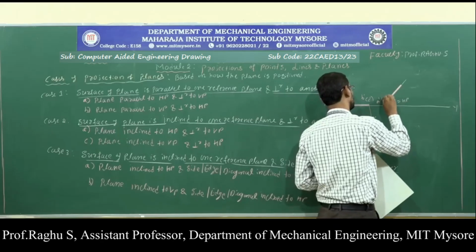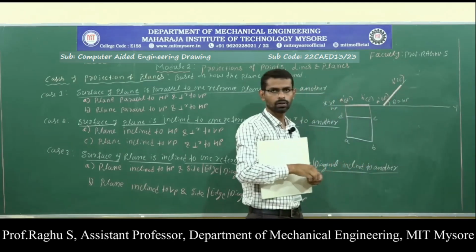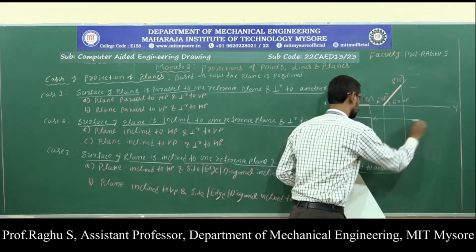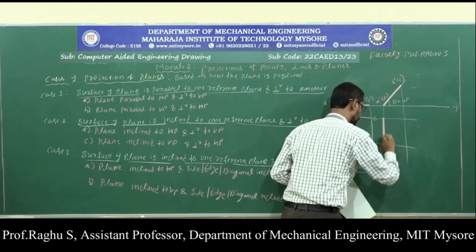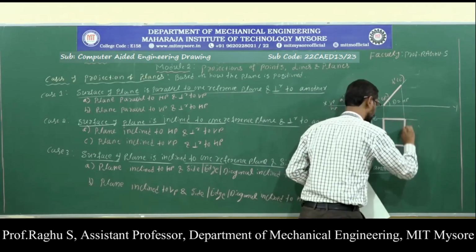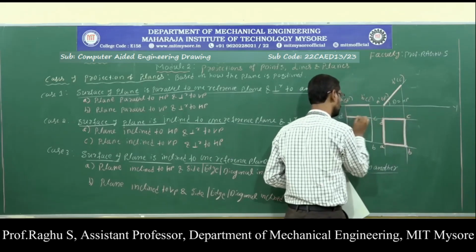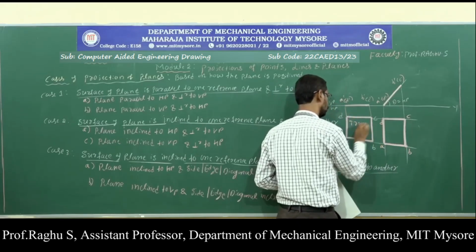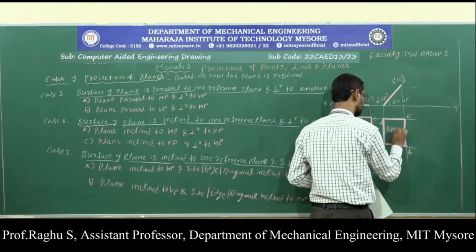This is A dash and D dash, and this is B dash and C dash. Now draw projection lines. This is the apparent shape. This is A, B, C and D, so this is the true shape and this is the apparent shape.